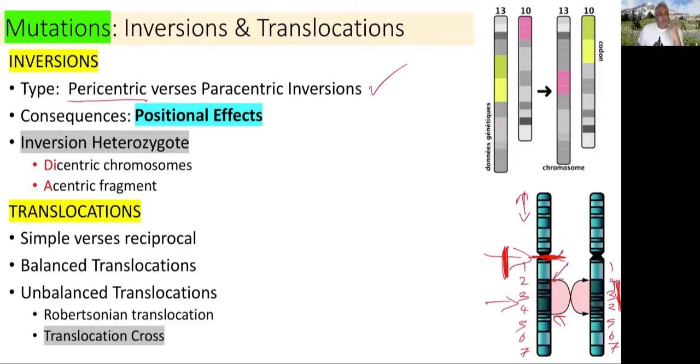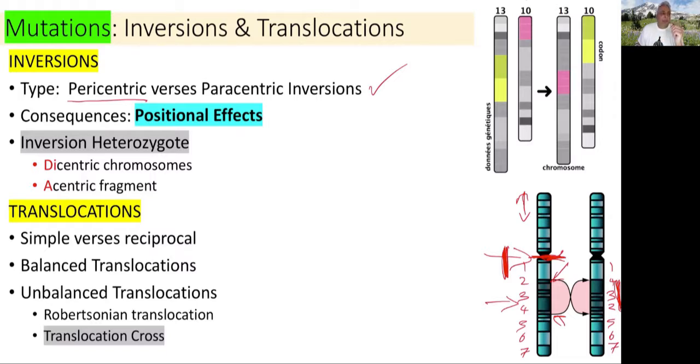Now, we may remember from a different chapter that when you have genes missing, that can be very detrimental to the organism. And you can see here, there are places where genes can be missing in duplications and deletions. So deletions result in genes missing. Duplications result in extra copies of the genes.